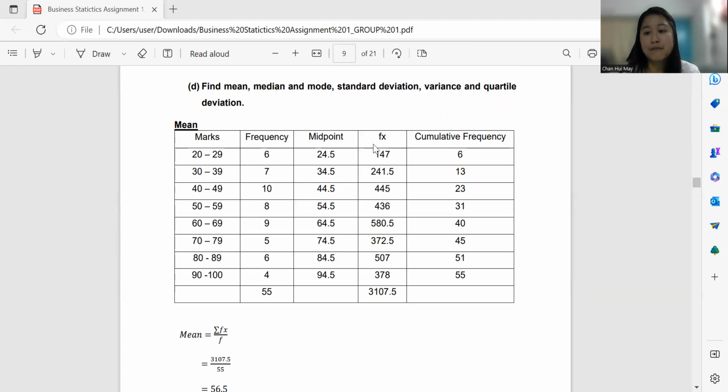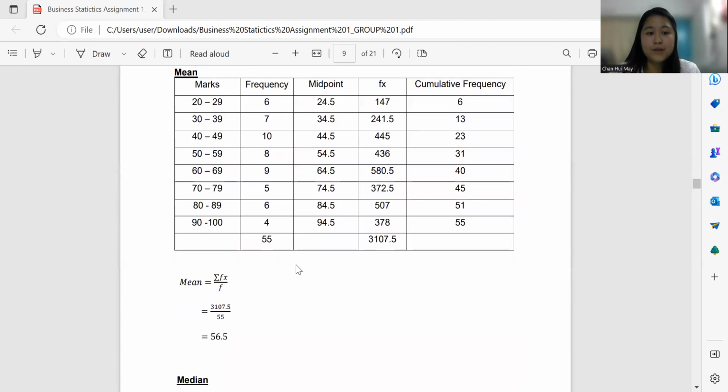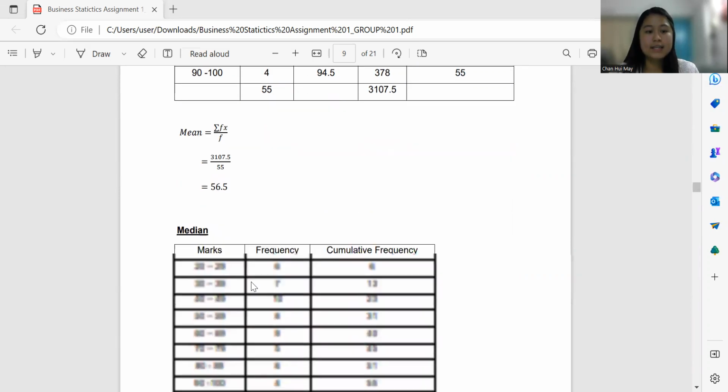After that, we need to find fx. Fx is frequency times midpoint, so I will get 147. After finding all the fx and the midpoint, the formula of mean is total of fx divided by total frequency.